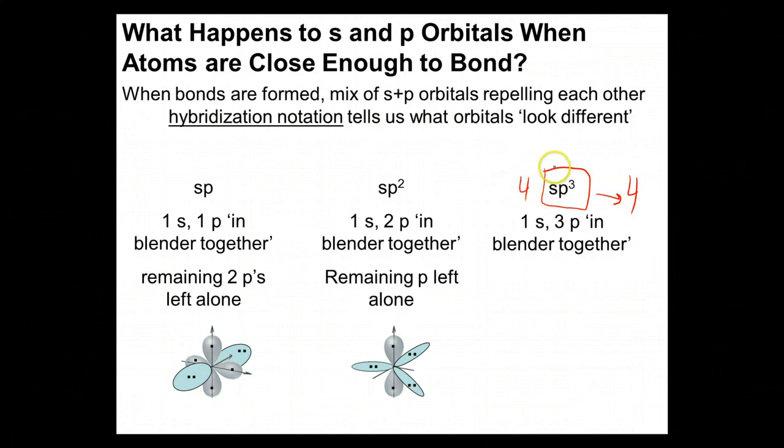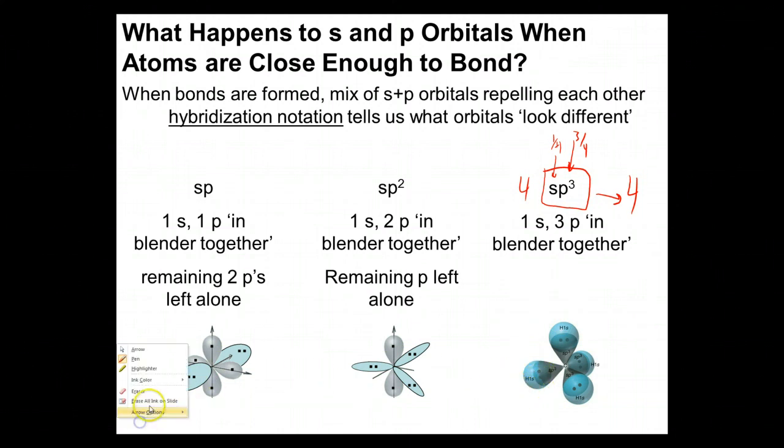It's just that each of these orbitals will taste a quarter like s and 3/4 like p. And so we'll have those 4, they'll be spaced out in 3 dimensions, and it'll look like a tetrahedral geometry. And so that's the basic idea behind mixing these things and getting our hybridization notations.